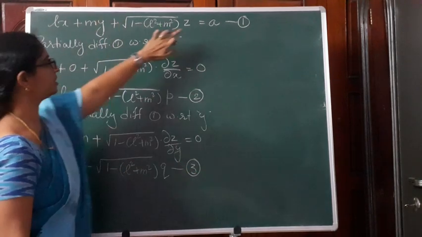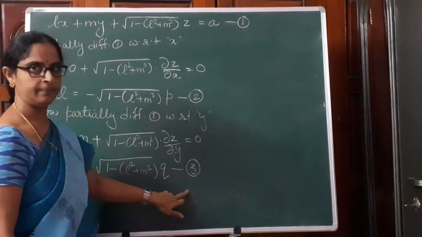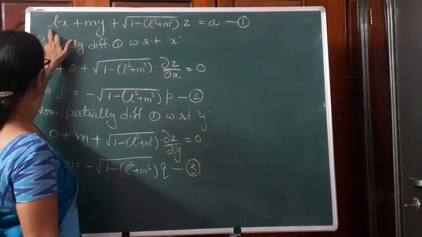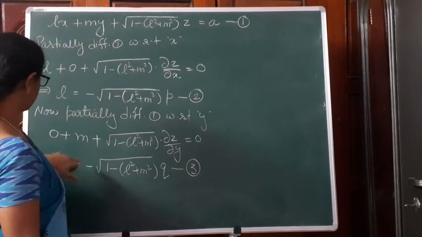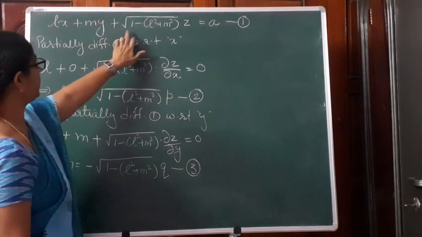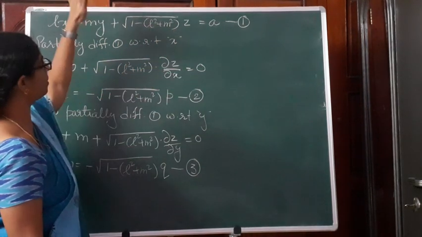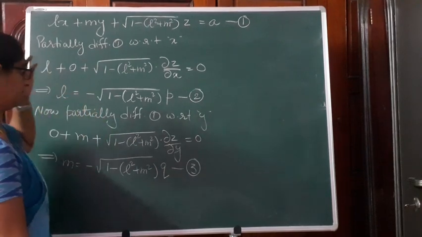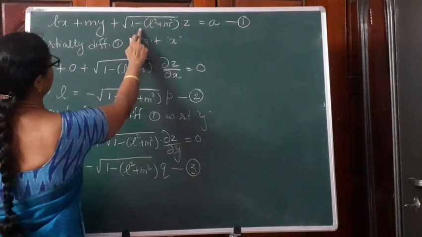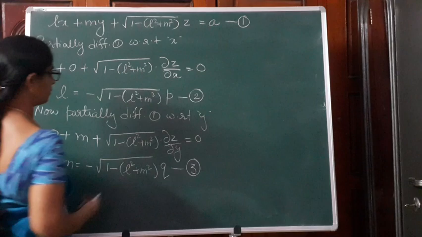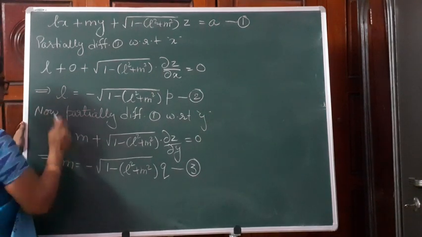So we have equations 1, 2 and 3. So we obtain the value of L, we obtain the value of M. Now we will find the value of square root of 1 minus (L square plus M square), and we substitute all the 3 in equation 1. So we need square root of 1 minus (L square plus M square). What is L square from this?